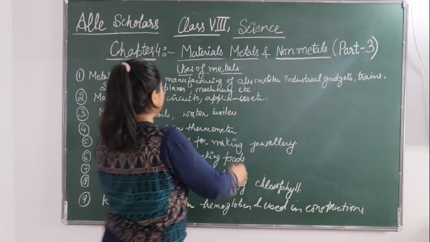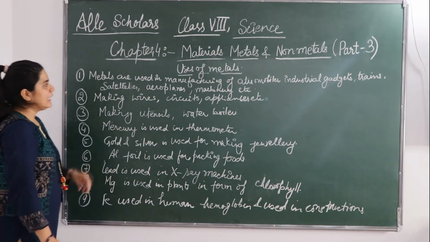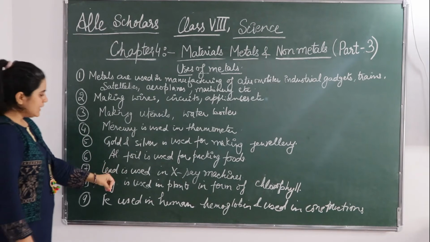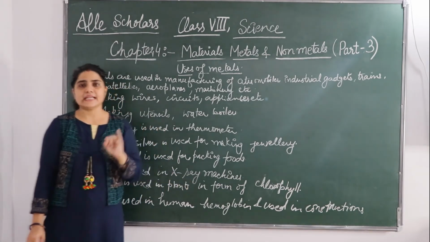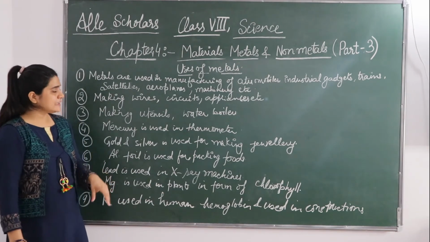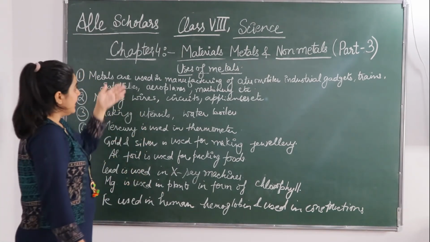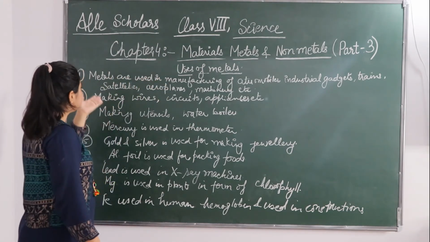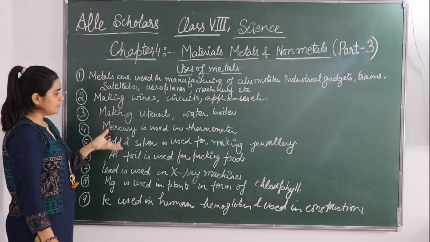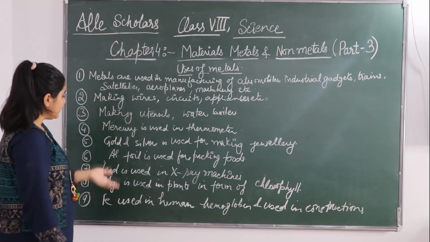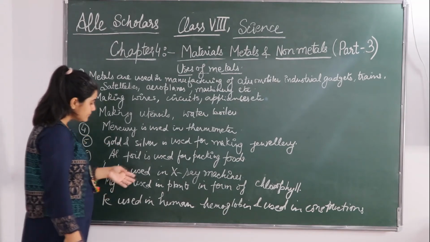Okay, so if you go through all the uses of metals, you will see that metals are so useful for plants as well as for animals or human beings. And also you can see they are used in a wide variety: in manufacturing, in making wires, in utensils, then thermometers, in making jewelry, packing foods, X-ray machines.